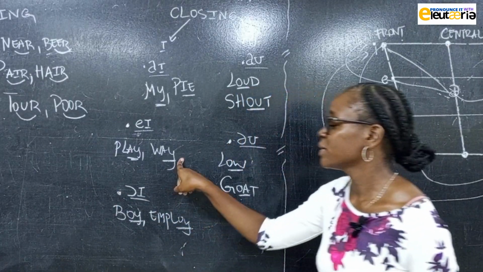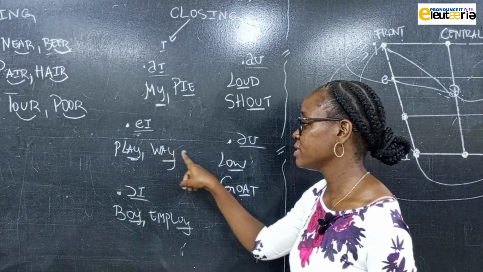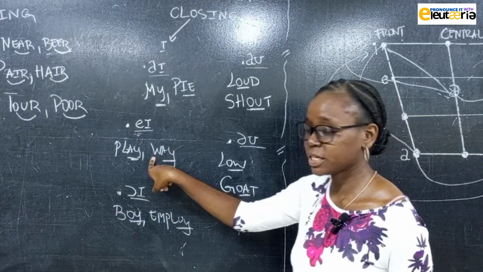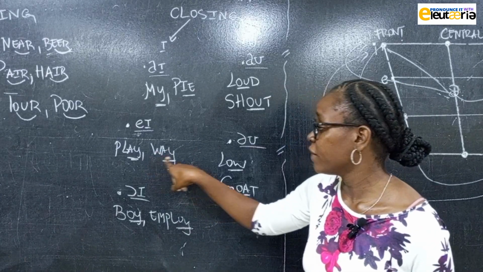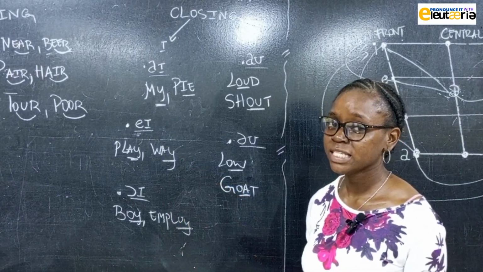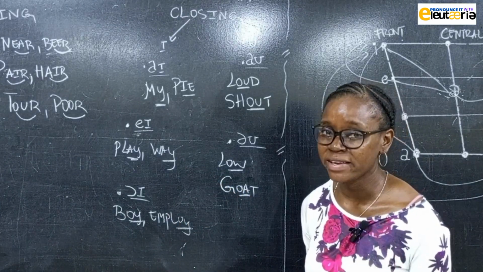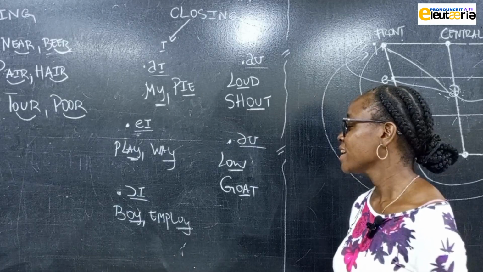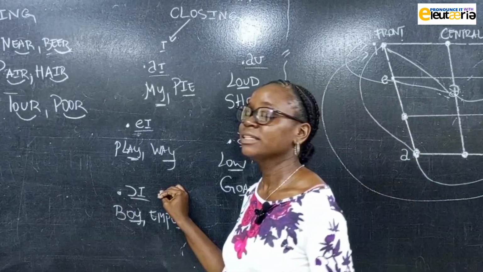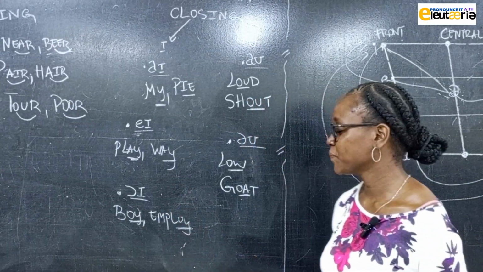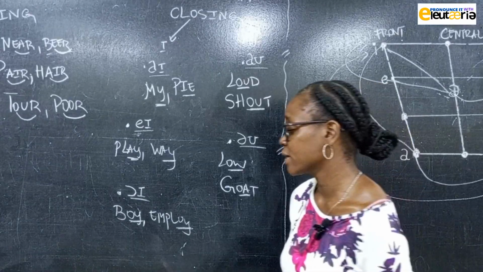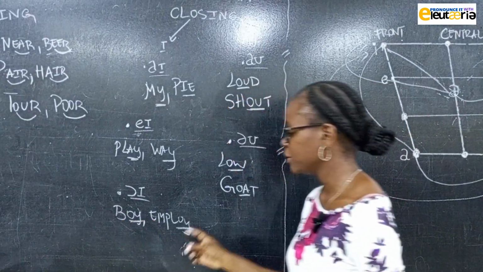And in this word, we find the sound ei right after the first consonant, which is wa. Let's now pronounce way. Finally, we have the diphthong oi. We find oi in words like boy or employ.